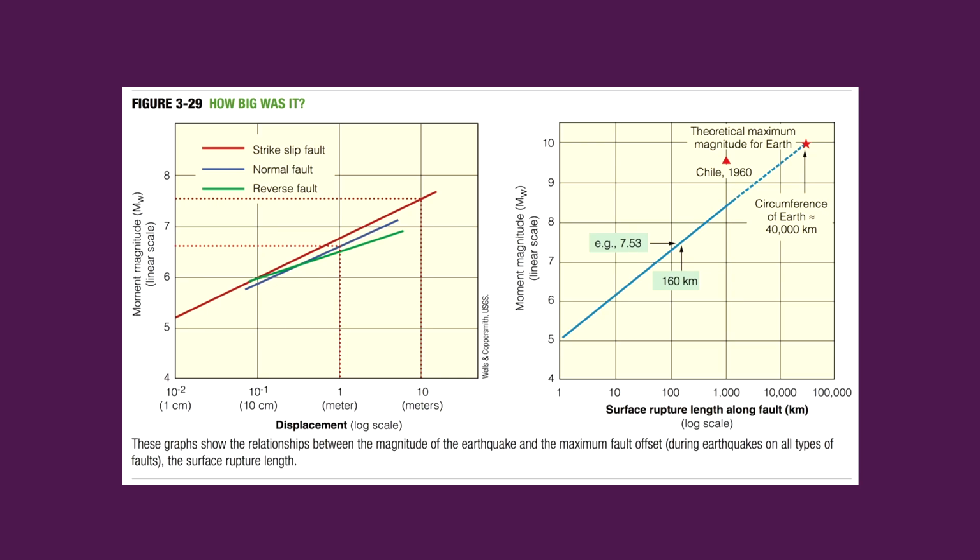On the left hand side you have moment magnitude versus displacement. Again, this is a logarithmic scale, and it shows the amount of displacement expected on a fault if a particular magnitude earthquake has been triggered or hosted on that fault. The fault type is also given, shown by different lines.